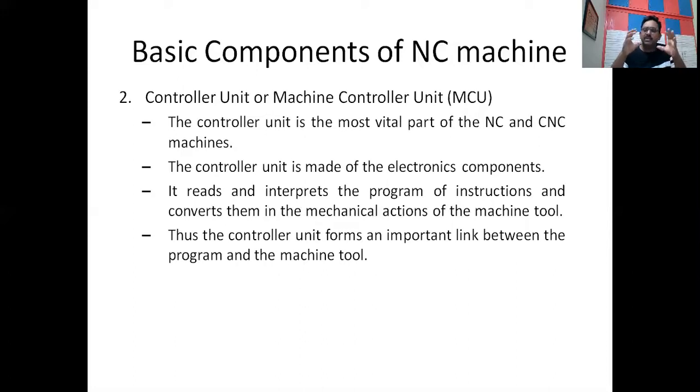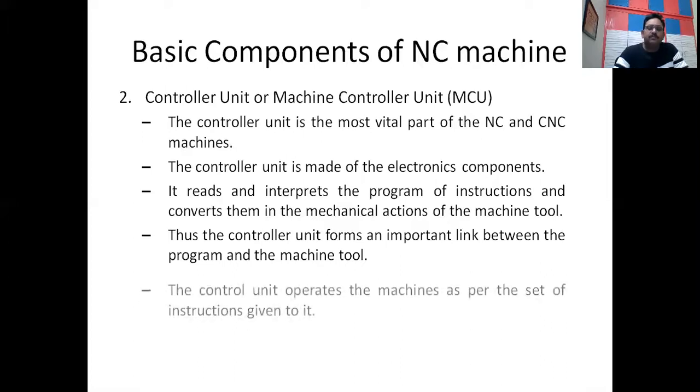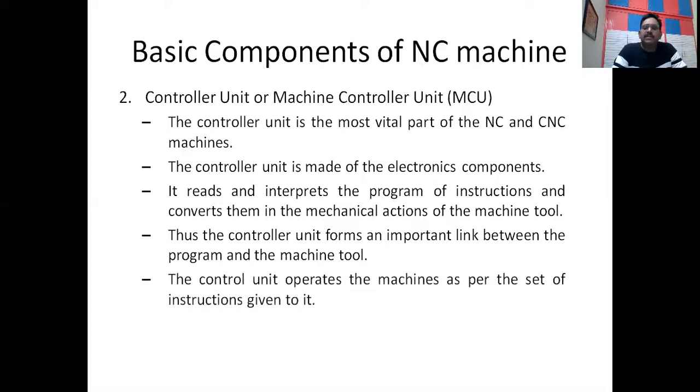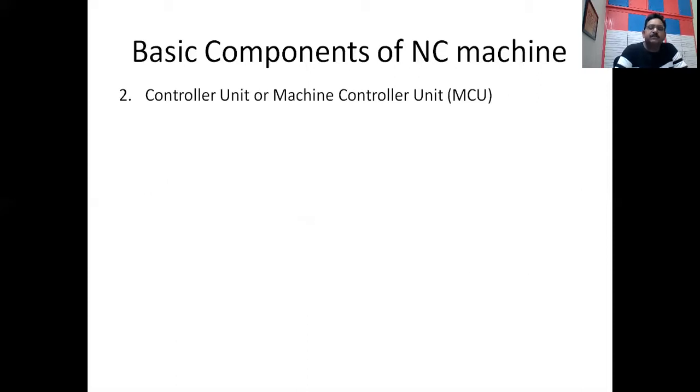Whatever programs are there, it will understand the program, the step-by-step procedures, and not only understand them, but it will give instructions to the machine tool on what the machine tool has to do. So the control unit operates the machine as per the set of instructions given to it. The machine control unit will control the operations of the machine as per the set of instructions given to it.